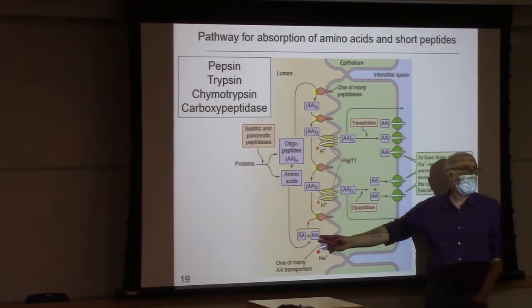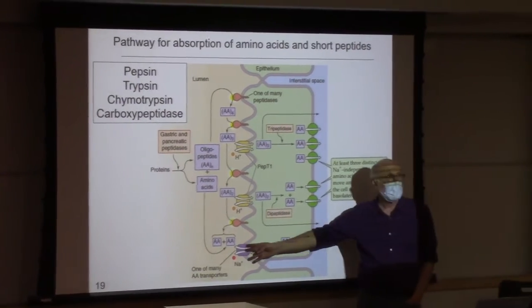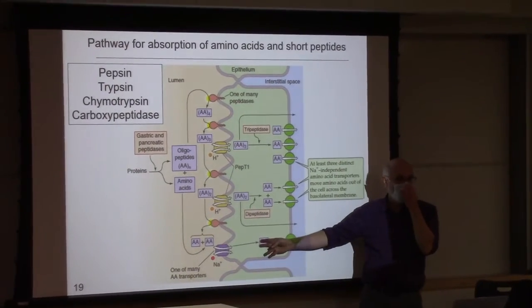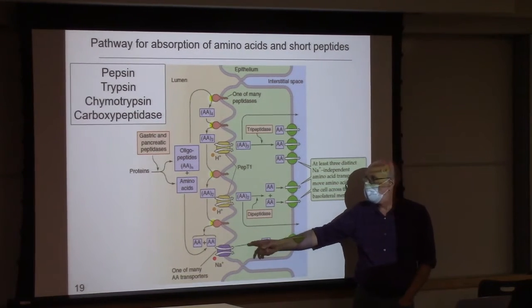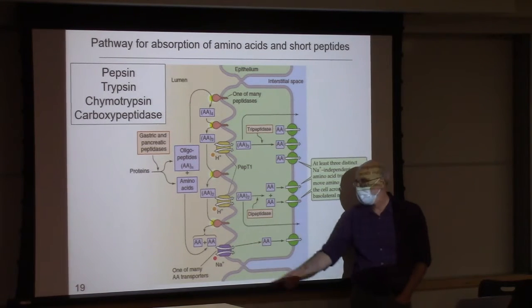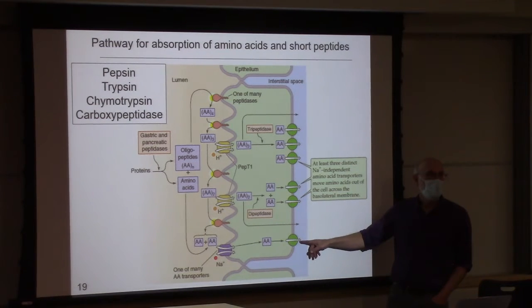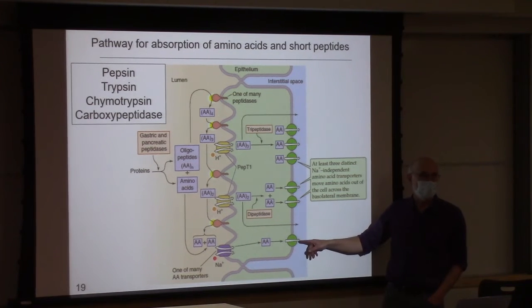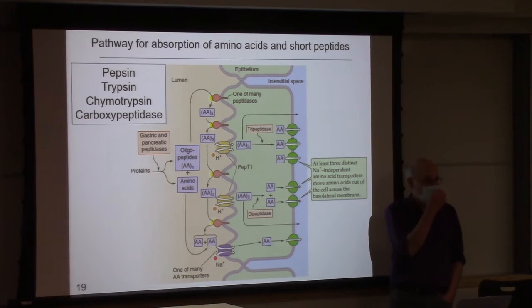The single amino acids are transported across the apical membrane into the epithelial cell of the intestine by a sodium amino acid cotransporter. And they are transported out the basolateral membrane by a passive amino acid uniporter.